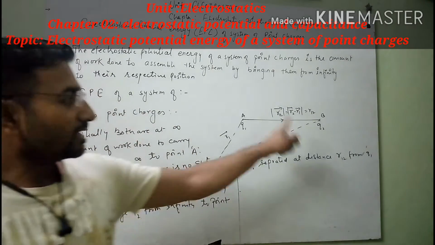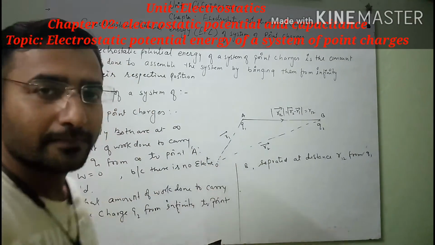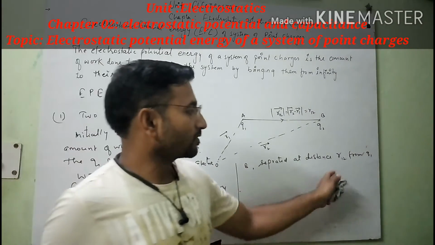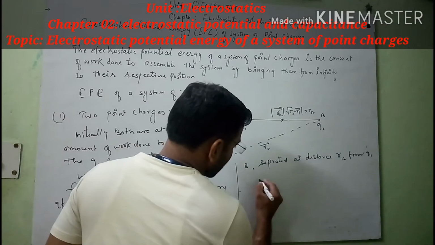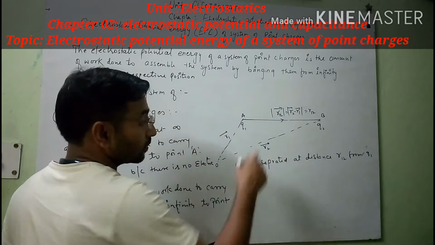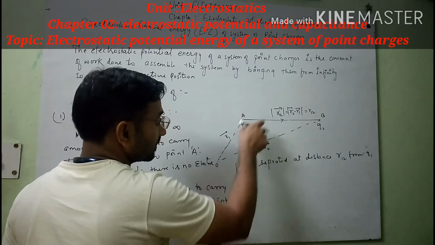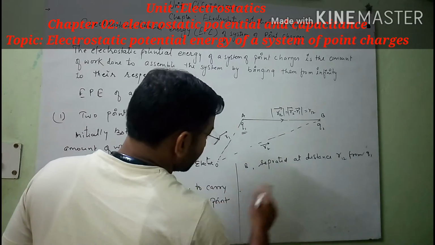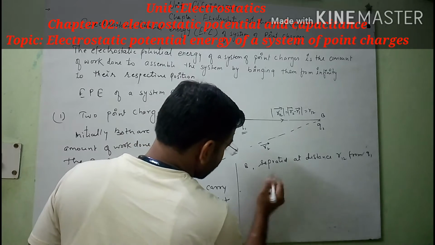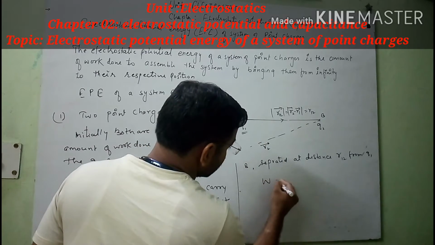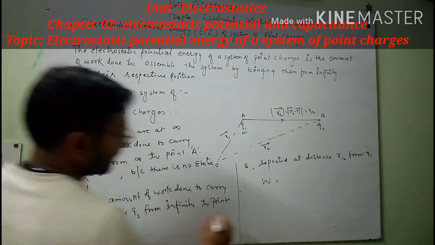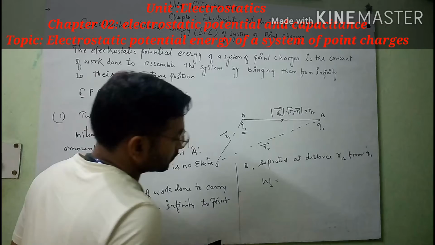So when you carry the second charge from infinity, the amount of work done you will do is against the electric field created by this charge q1. So that time the amount of work done is W, this is your initial work and this one is your W2 work.